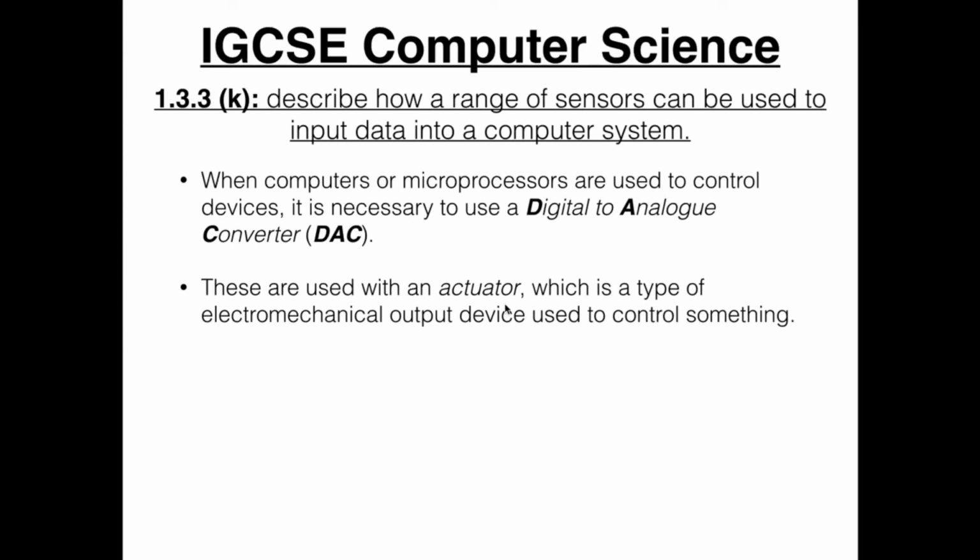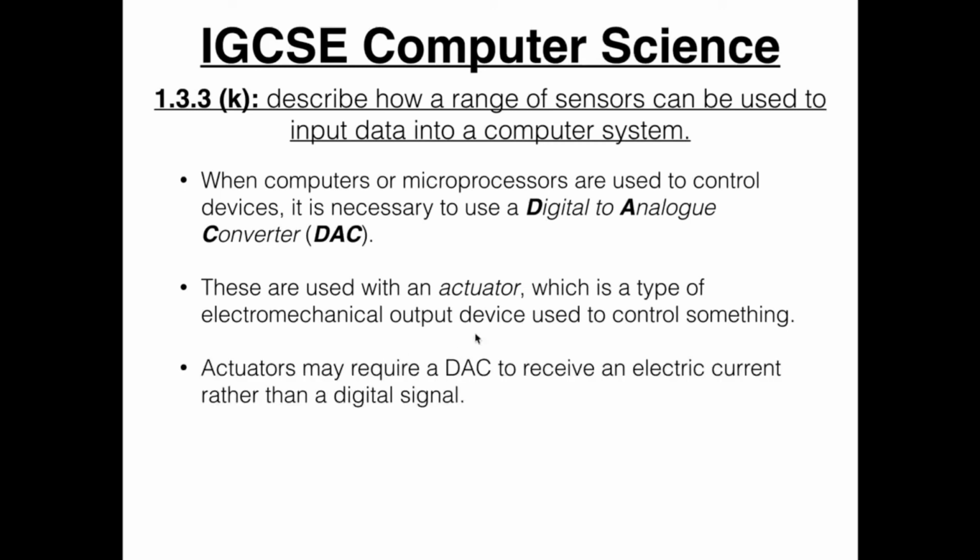So an actuator could be like a relay or motor or valve, and we'll learn about these in output devices, because an actuator is an output device. But just know that actuators are used in the process of a sensor system, really.